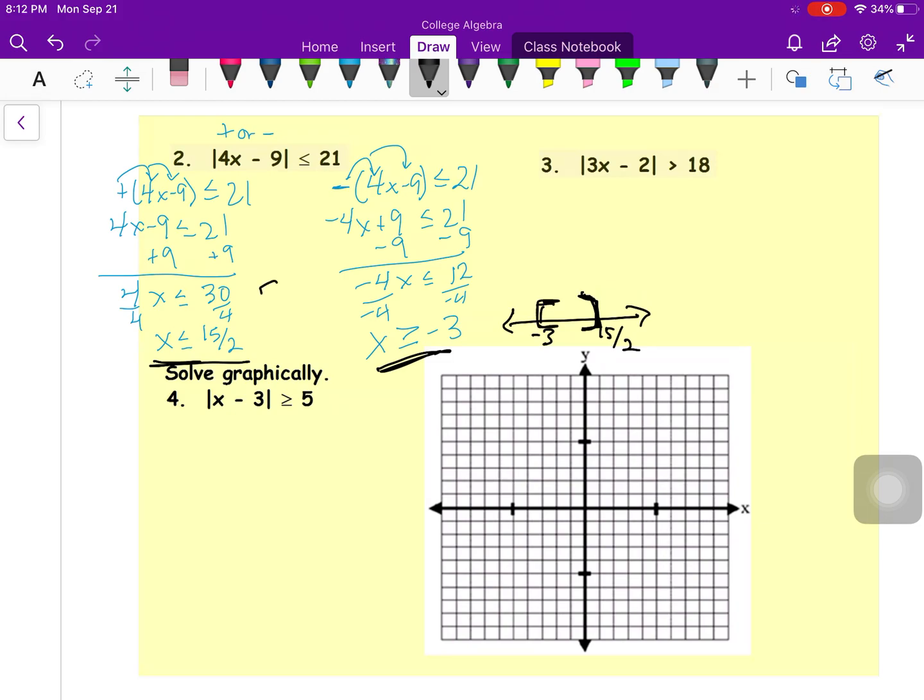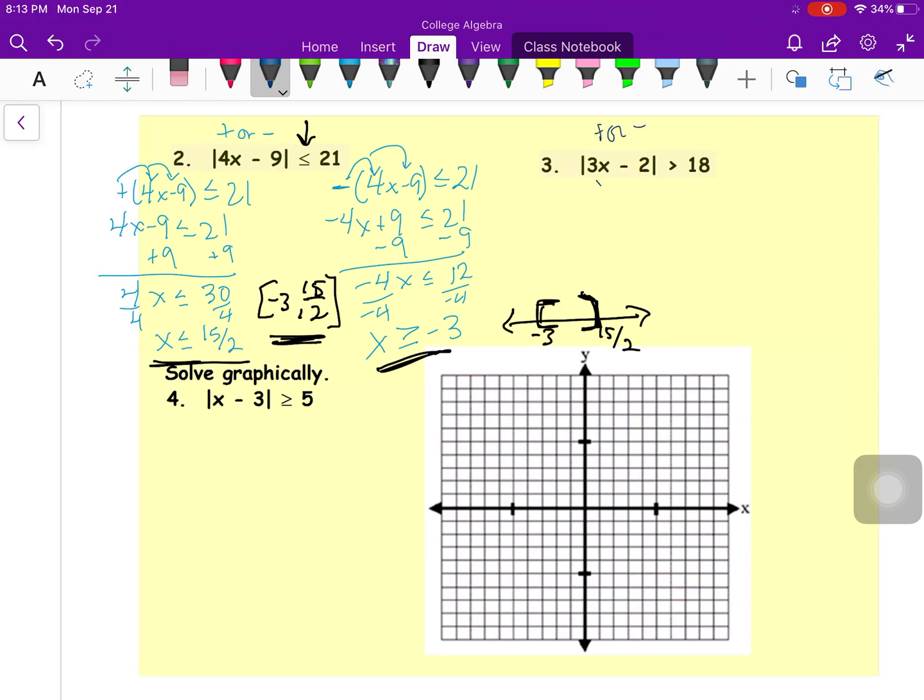So that means I have from negative 3 to positive 15 halves in braces in between. Again, I was less than, so I better be in between. Okay. Should we try one more?